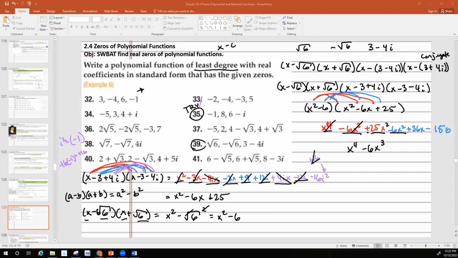So 25x squared minus 6x squared is going to give us 19x squared. And then plus 36x minus 150. And that, as they say, is that. Oof. That's it.